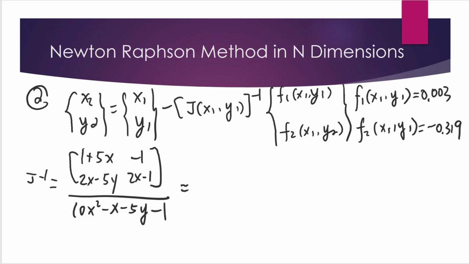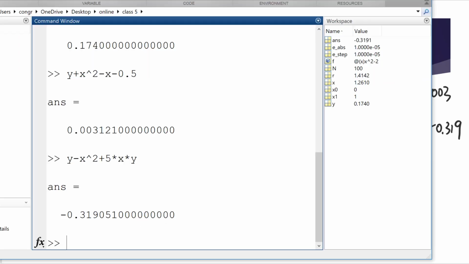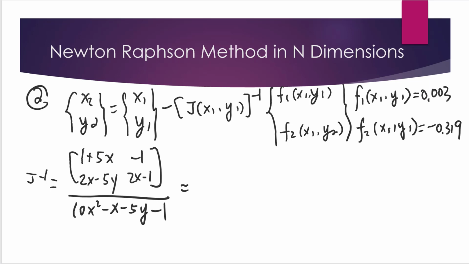So this will be, let's first evaluate the denominator, 10 times x squared minus x minus 5y minus 1. So this will be 12.77.